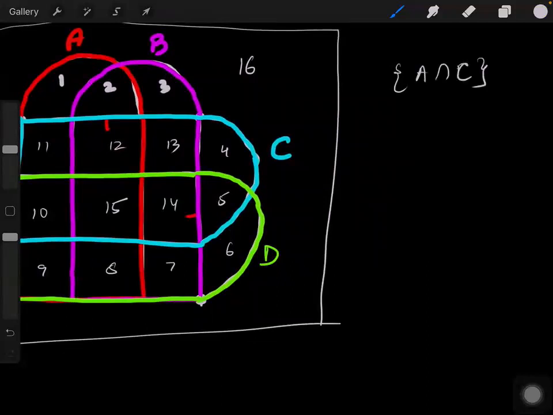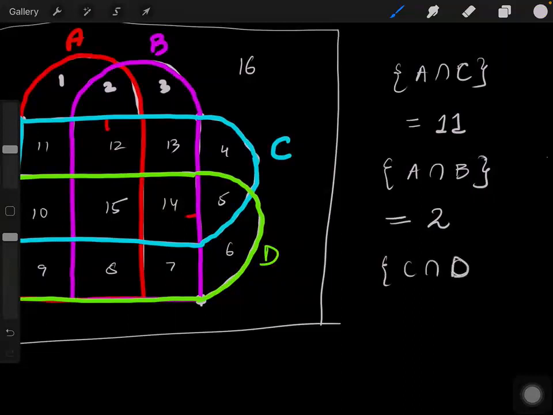this would be region number, A and C only would be region number 11, whereas A and B only would be region number 2. C and D only would be region number 5.